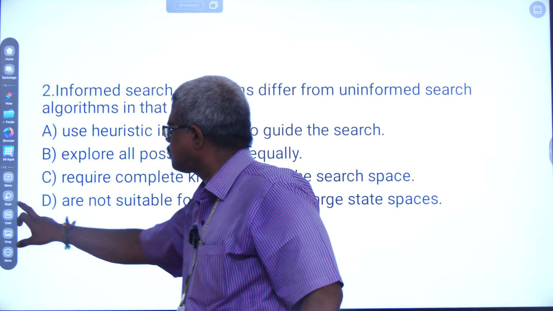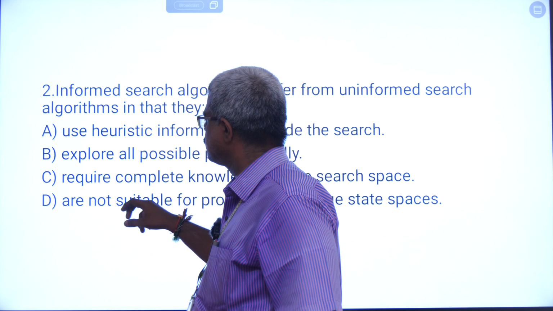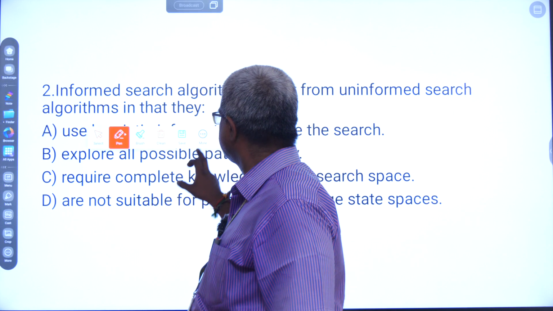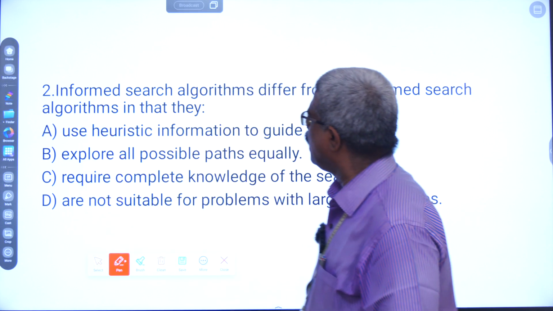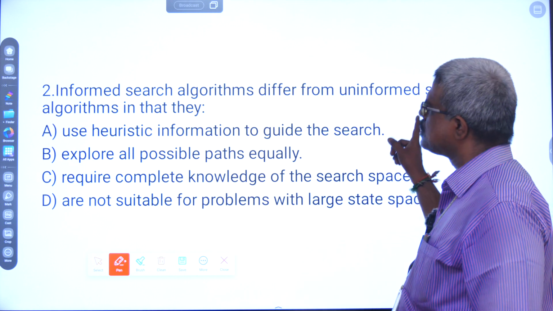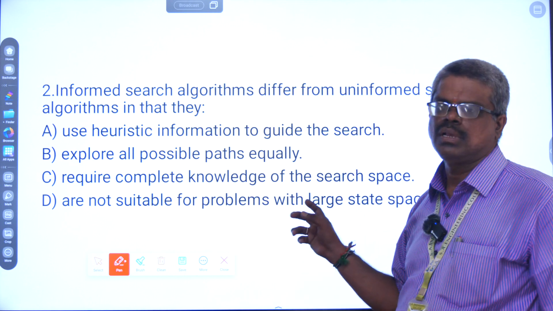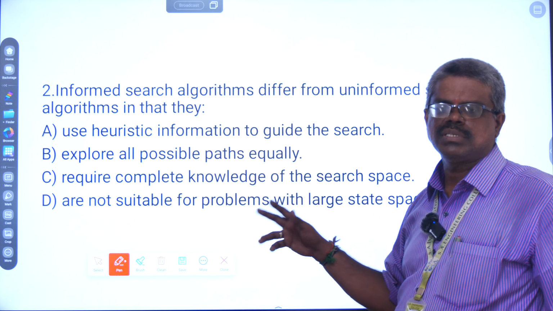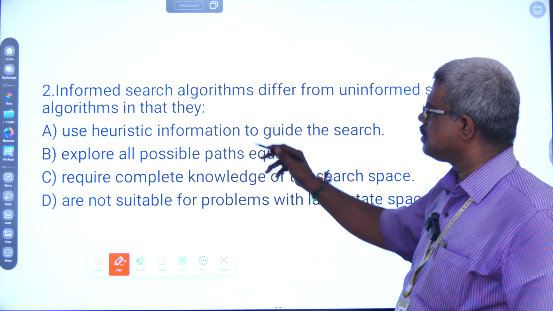Second one. How does an informed search algorithm differ from an uninformed search algorithm? So the question is, what is the difference between informed search and uninformed search? Here you can see the 4 options.